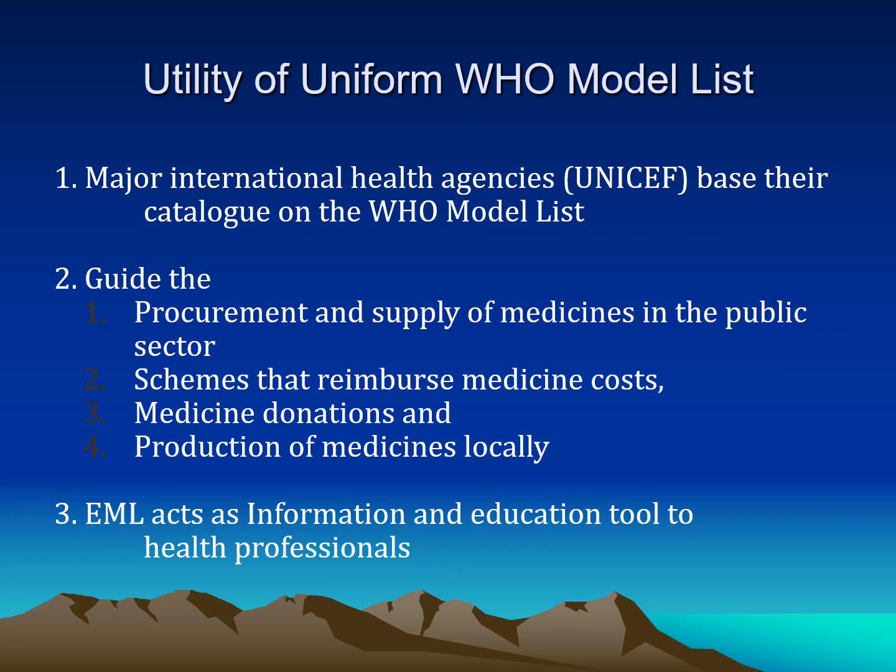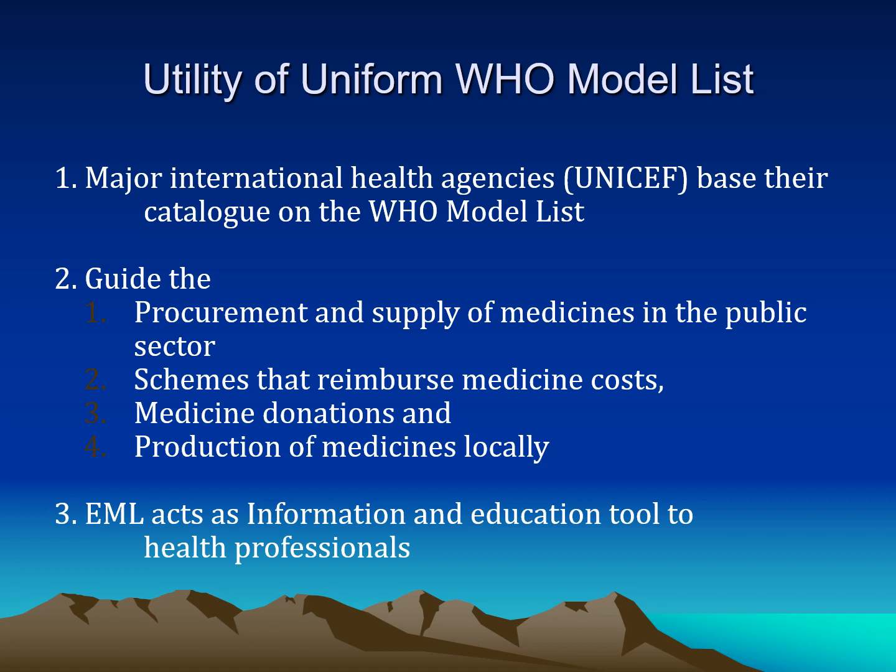Now, at international level, a model list has many advantages. For example, major international health agencies like UNICEF base their catalogs on the WHO model list. The same model list also guides procurement and supply of medicines in the public sector.